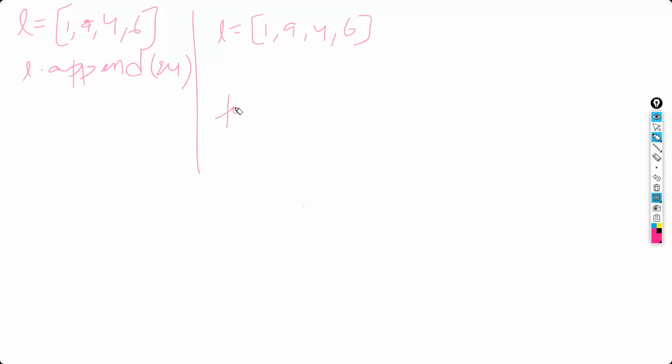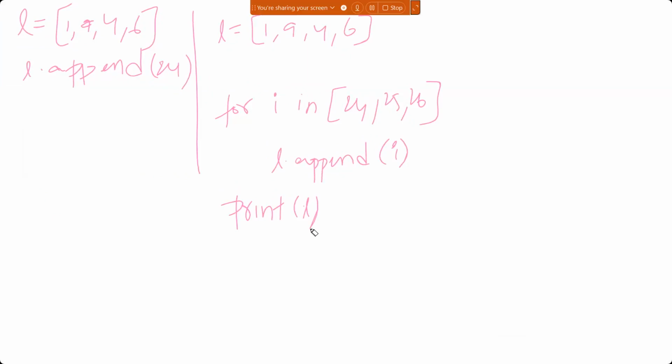Now I'm going to take for i in list of 24, 25, 26: L.append(i), and print L. When you want a single number, you are appending directly like this, just by using append. When you want multiple, you use a for loop. Remember this: multiple means for loop. Single means direct.